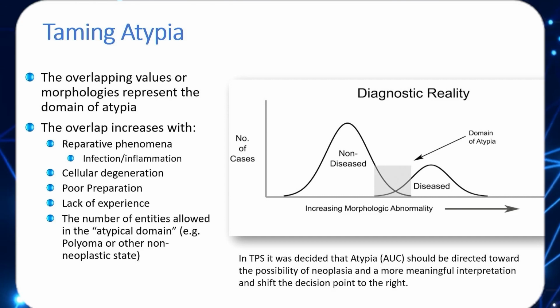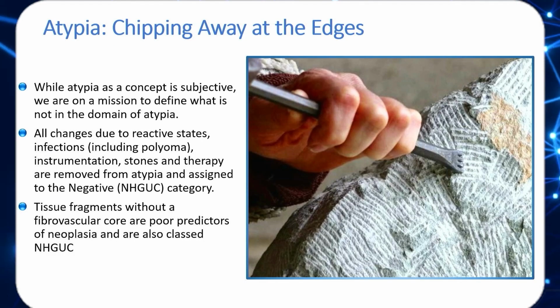What can increase this atypical call is basically reparative change, degeneration, poor preparation, lack of experience in handling of these specimens, and the list goes on. So again, this is a conceptual review of what atypia should be, but the main thing is that this atypia should be honed in.